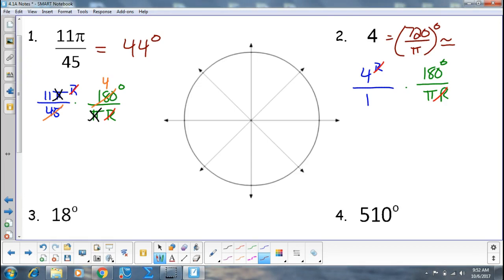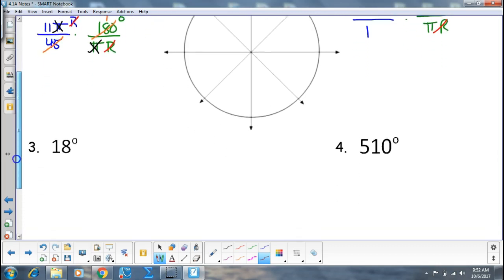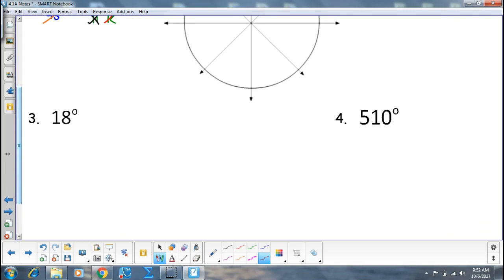Oh, tap the brakes. 229.2. 18 degrees. That one is in degrees.